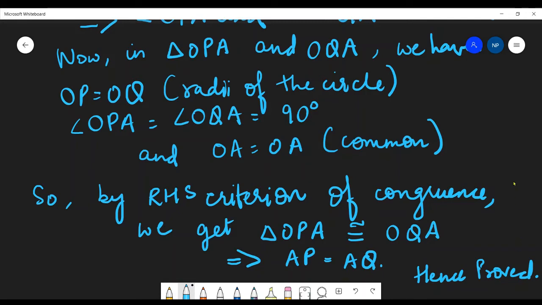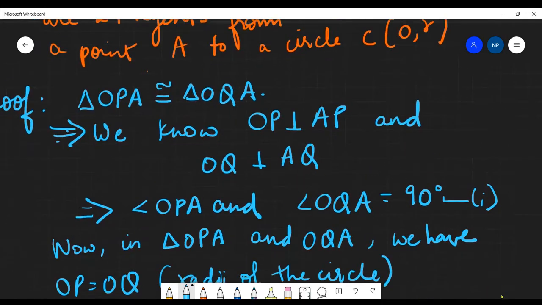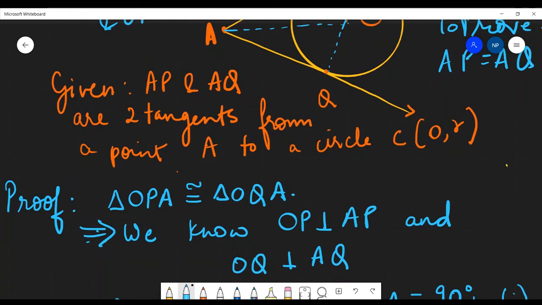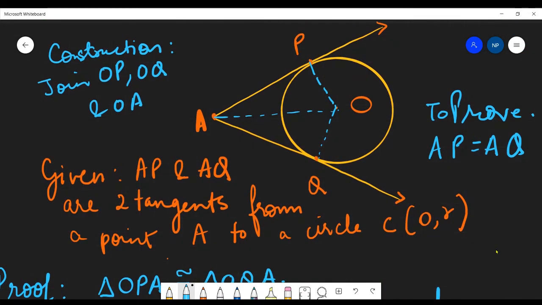What did we do? We just did a small construction. If you understand from the diagram, we know from theorem 10.1 that the radius and the tangent at the point of contact are always perpendicular. The lines are always perpendicular, isn't it? The tangent at any point of a circle is perpendicular to the radius through the point of contact, right?